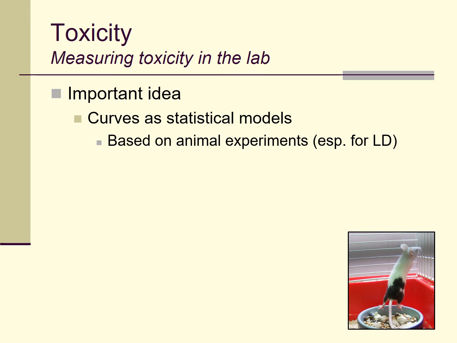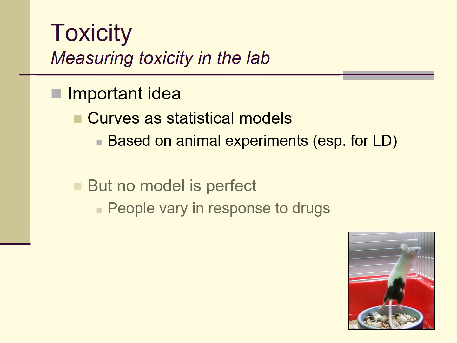But of course, this is tricky to do because no model is perfect, both in the sense that statistical models by their nature are typically averages. So they're not going to tell us precisely what will be true for any one person. What's the probability that this one guy who's taking 50 milligrams of the drug will be treated effectively or will die?